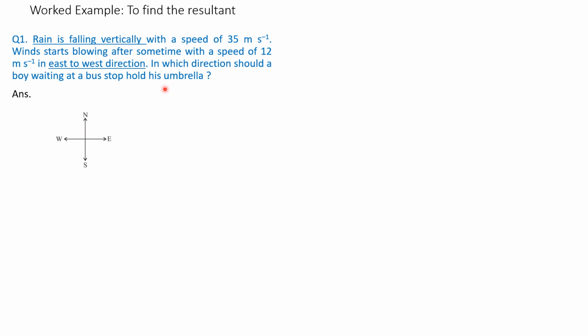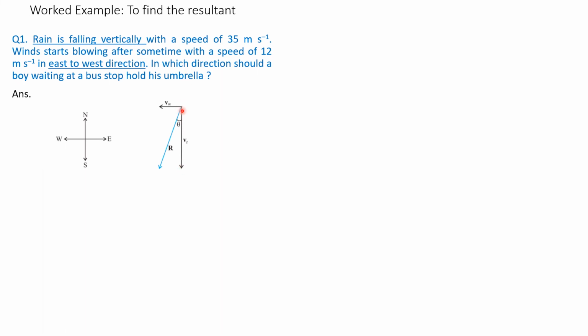In all such problems, the first step is you have to mark the directions as shown in the figure: north, south, east, west. So next step is to mark the two given vectors. The two given vectors are VW due to wind, which is shown in the direction east to west, and the second vector is VR due to rain, which is falling downwards.